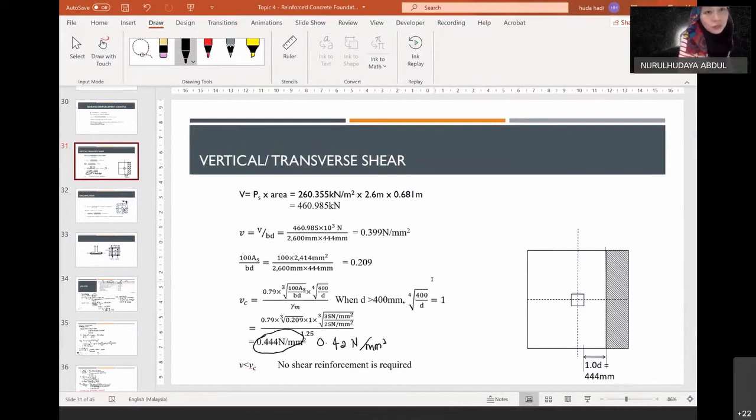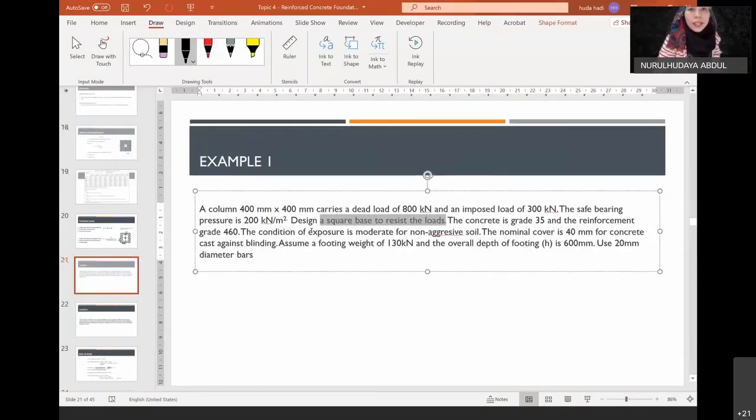Okay, so you refer to the example and you will see that when I calculate for vertical and transverse shear, so I calculate for VC here. So I ada salah kira. It's supposed to be 0.42 instead of 0.4444. So your friend from class C pointed me my mistake here. So tolong take notes and tukar lah.